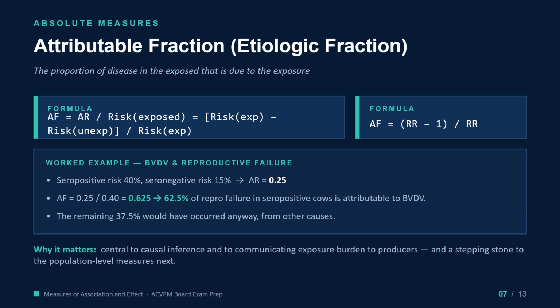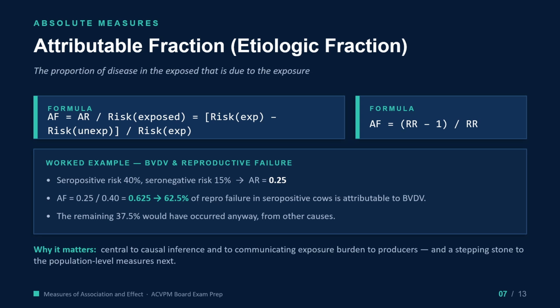Let's work through an example. Suppose BVDV seropositive cows have a 40% risk of reproductive failure and seronegative cows have a 15% risk. AR equals 0.25, AF equals 0.25 divided by 0.4 equals 0.625 or 62.5%.